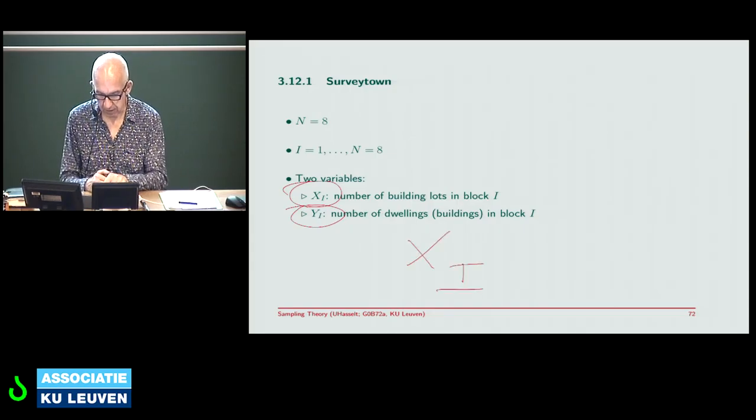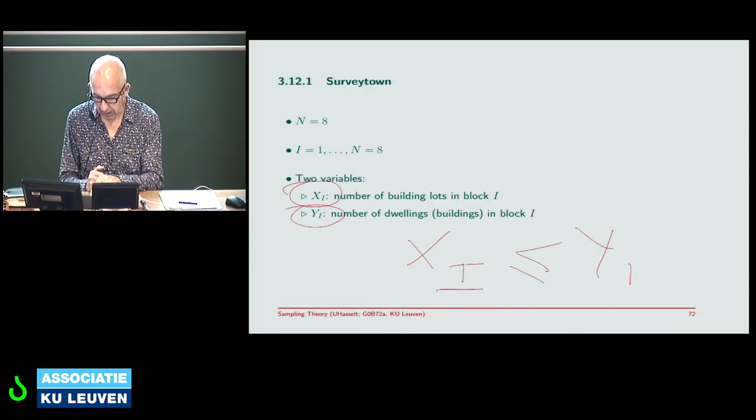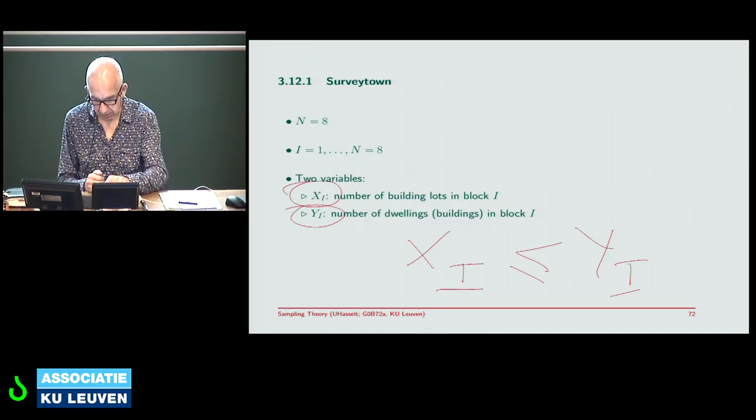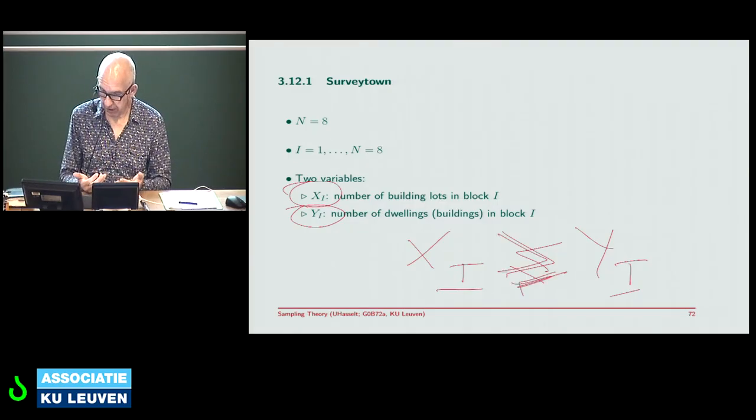Evidently, for every unit y is smaller than x, because you cannot have more buildings than there are lots. It's actually the other way around, sorry. So you cannot have 2 buildings on the same lot. That's the way it's defined here. So this relationship must hold.